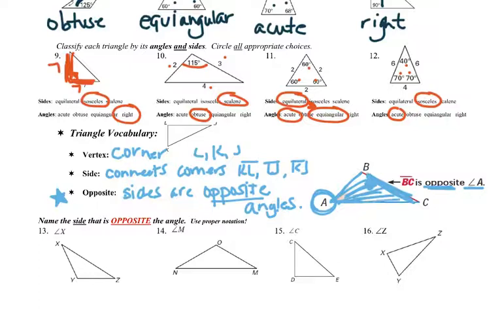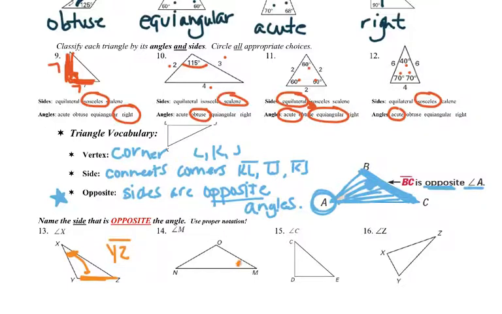Well, it would land on that entire side. So the whole segment is opposite angle A. In each picture, they're going to give us an angle and then ask which side is opposite of that angle. Here it's angle X. If I go across from angle X, do you agree that YZ is opposite of angle X?